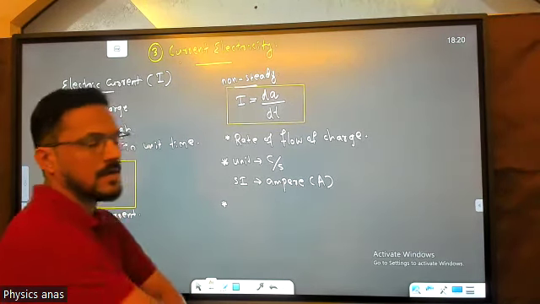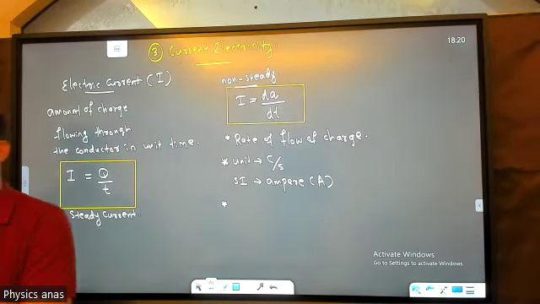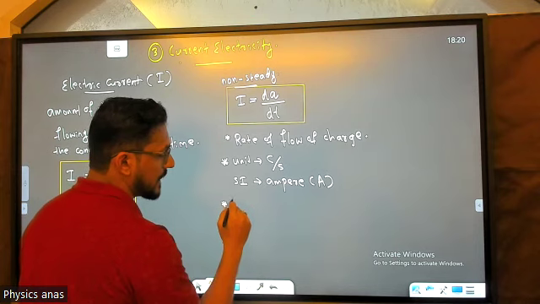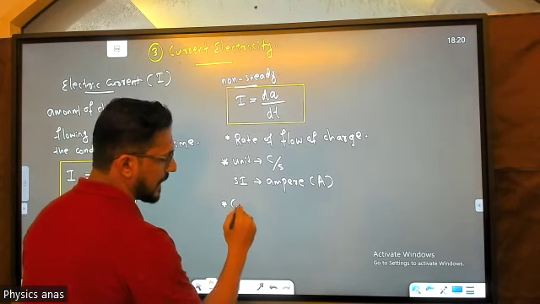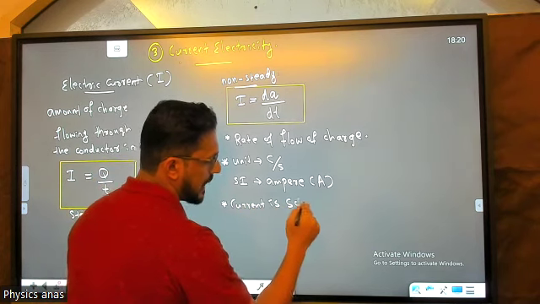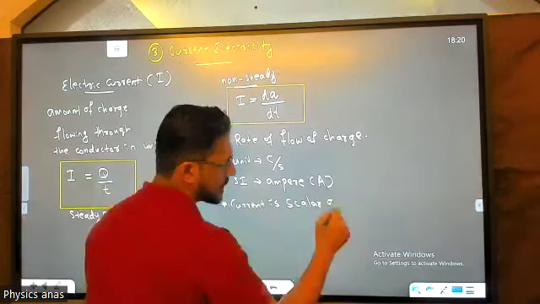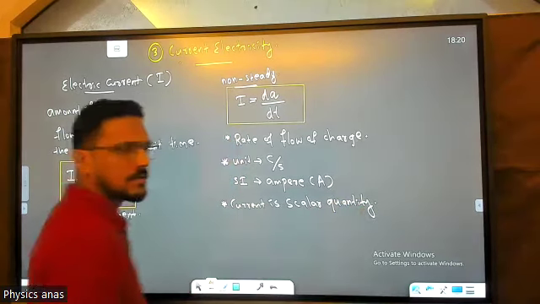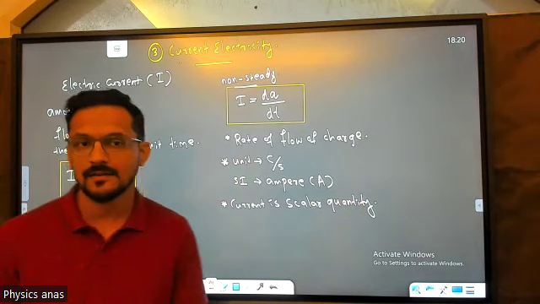And one another idea. Is current scalar or vector? Current is a scalar quantity. But current has direction, right?